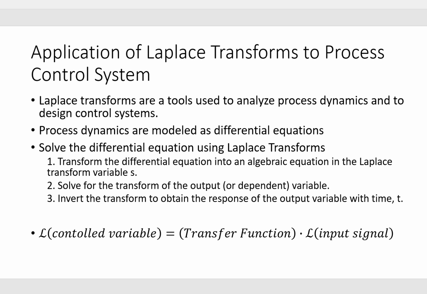So if we think about the controlled variable Laplace transform as y of s, so the Laplace transform of the dependent variable, and the Laplace transform of the input independent variable as x of s, we could see that the transfer function can be defined as the ratio of these two, dependent to independent variable.